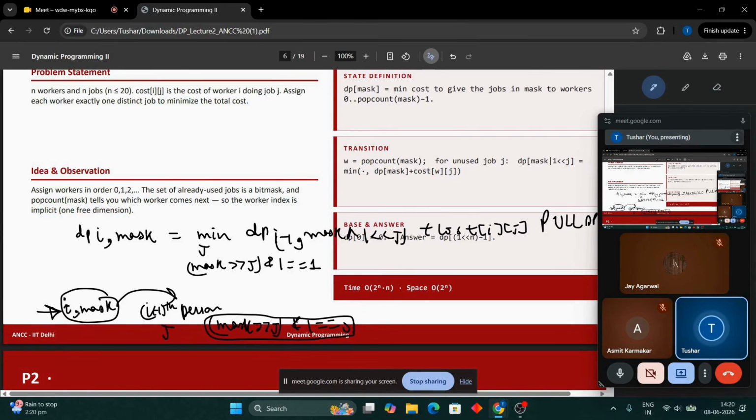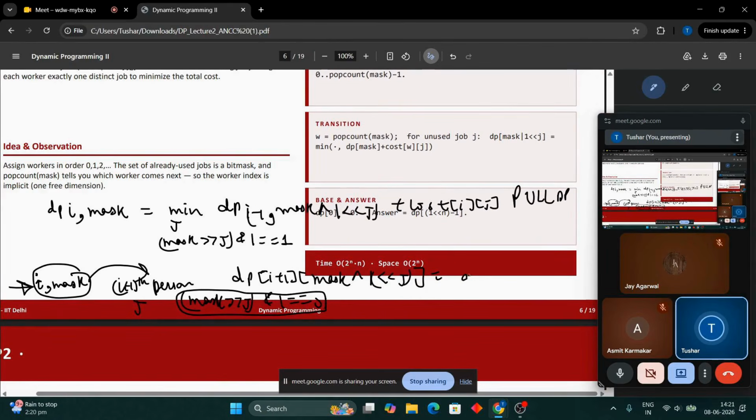We can do the transition from this state to dp[i+1]. Since the jth job is now also assigned to the i plus 1 person, the mask is updated to mask OR (1 left shift j), and this state will be minimized by dp[i][mask] plus cost[i+1][j]. This is known as push DP. Basically, we had the state i comma mask already, and we pushed the answer from this state to the next state.